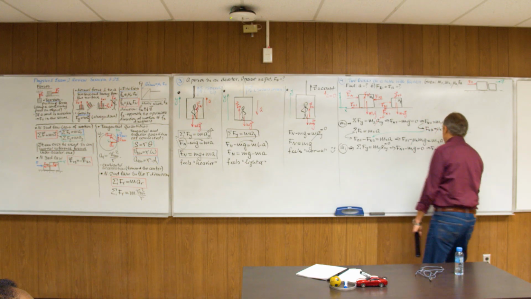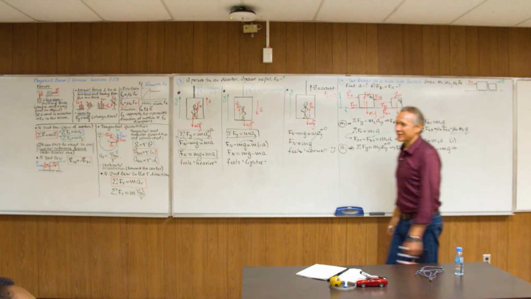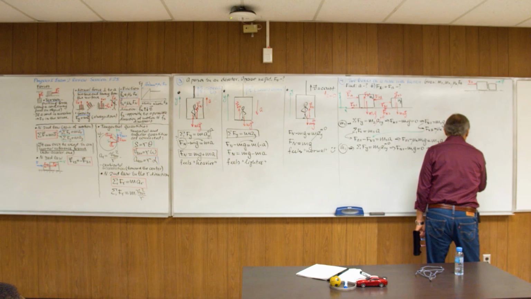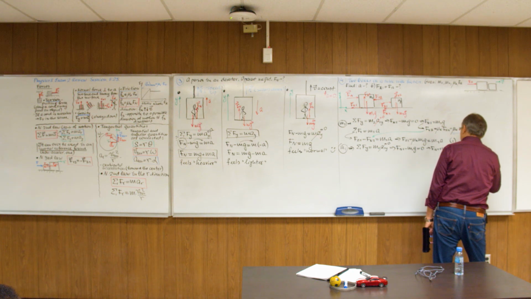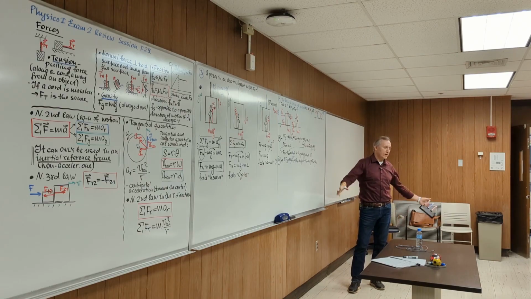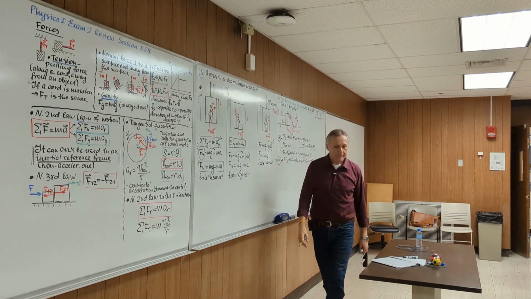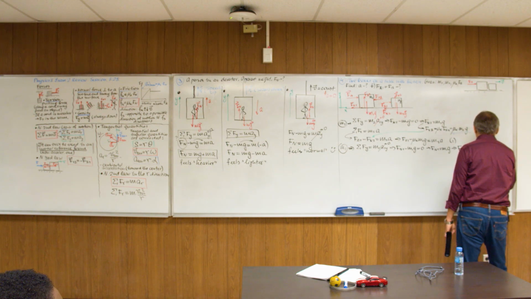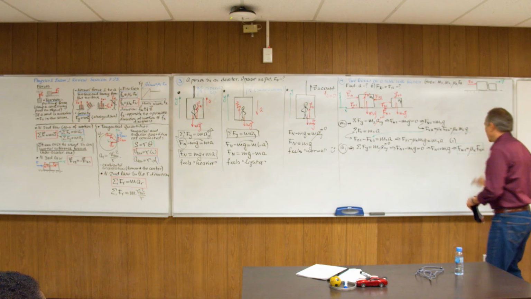And from here we can get the kinetic friction, Fk1. It will be mu k times the normal force. Again, we assume that the coefficient of kinetic friction is the same for both boxes. We assume they are made of the same material, which is a reasonable assumption. Again, this is the experimental expression which we introduced.